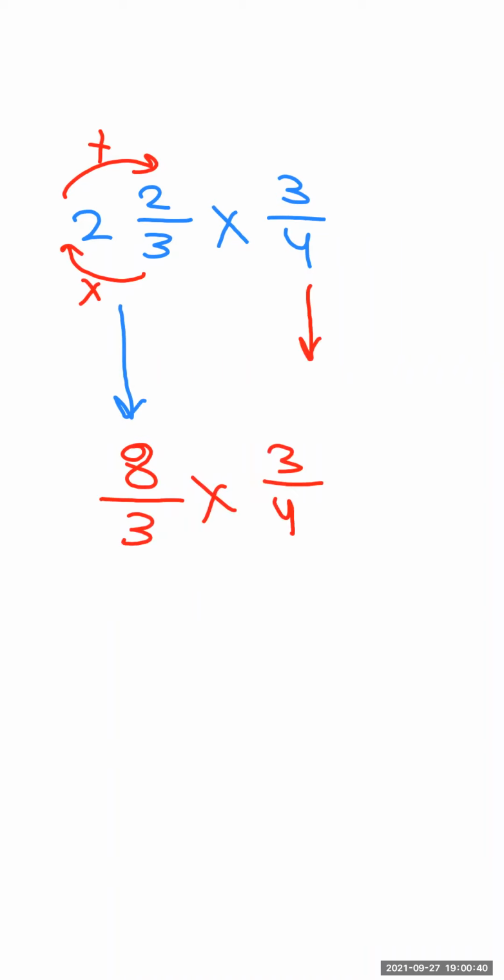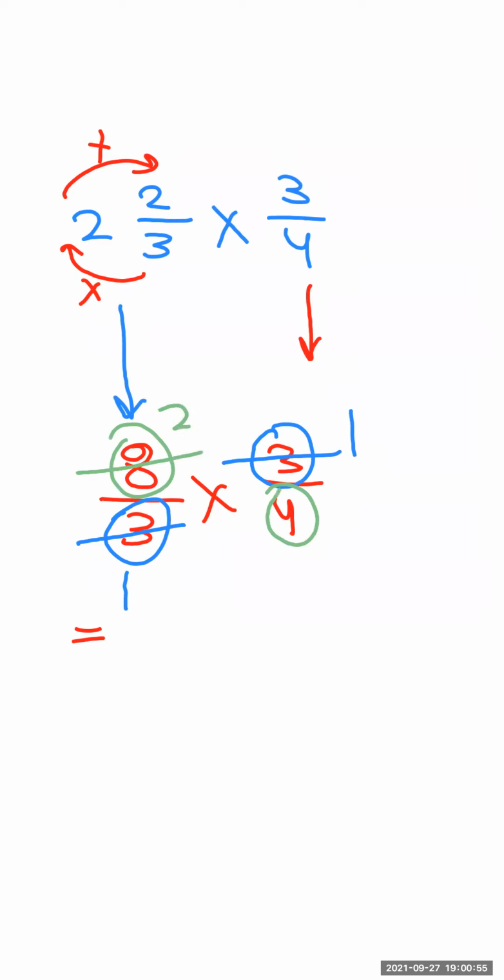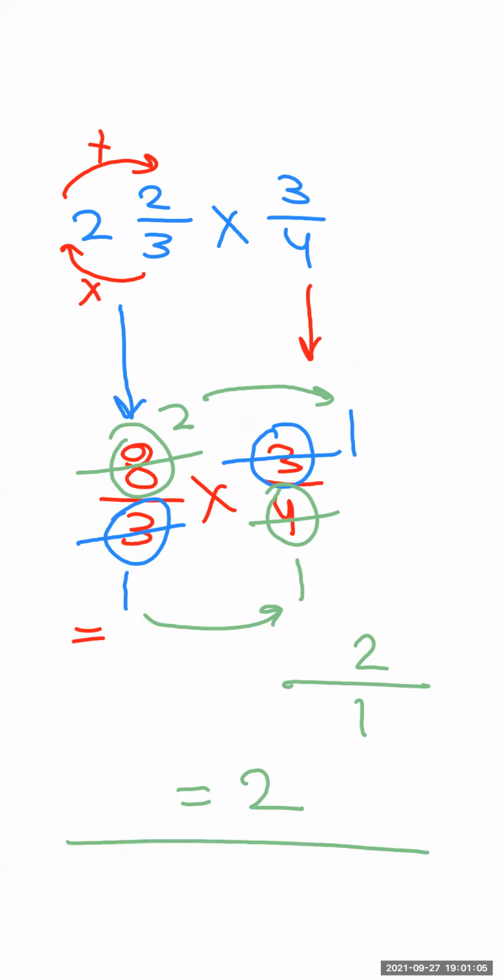Now it becomes a very easy normal multiplication like before. Simplify 3 and 3, 1, 1 by dividing the two numbers by 3. Then 8 and 4, we can divide the two numbers by 4. So it will equal 2 and 1. So 2 times 1 equals 2 over 1 times 1 equals 1. So 2 over 1 means it will equal 2.